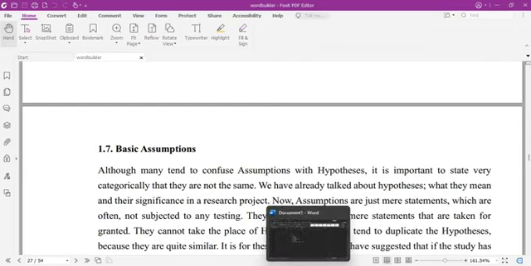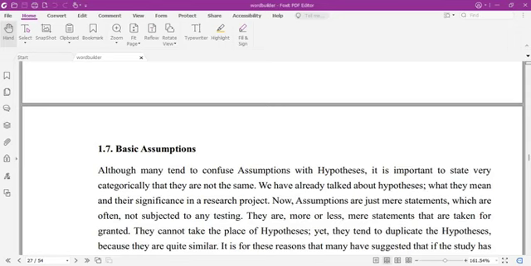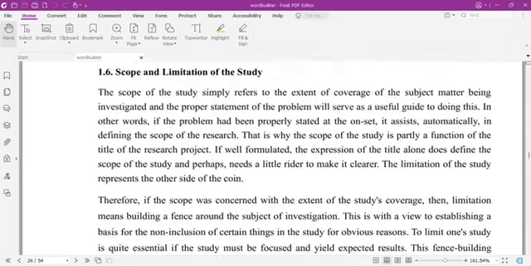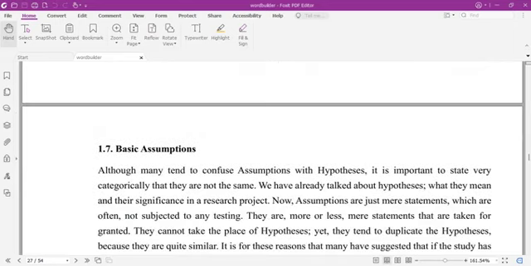Basic assumptions. Let's put it down. 7 is basic assumptions. We are done with scope and limitation. We are going to basic assumptions.